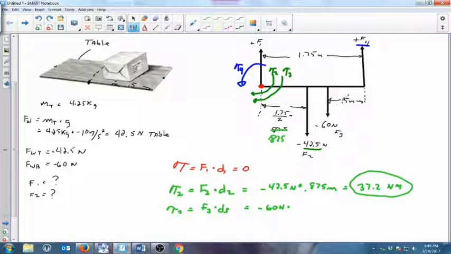Well, if he's 0.5 meters from this end, okay, this is the point. Here's the arm that we're twisting around. Remember, torque is equal to force times the distance. Well, here's our distance all the way over to here, and there's our force.